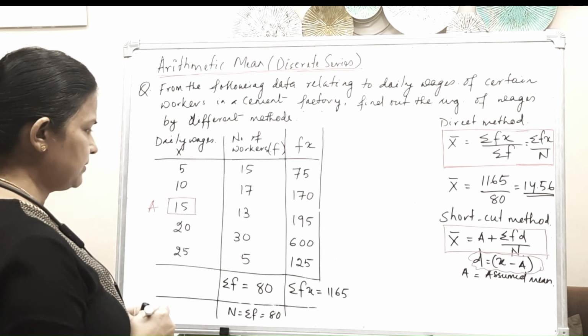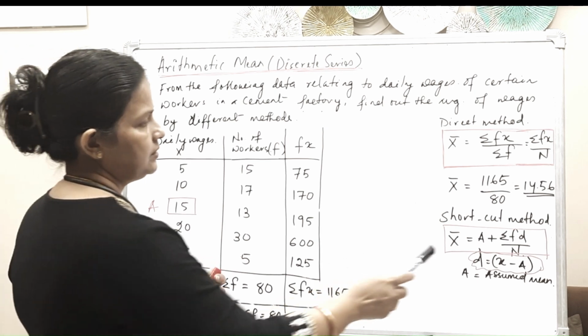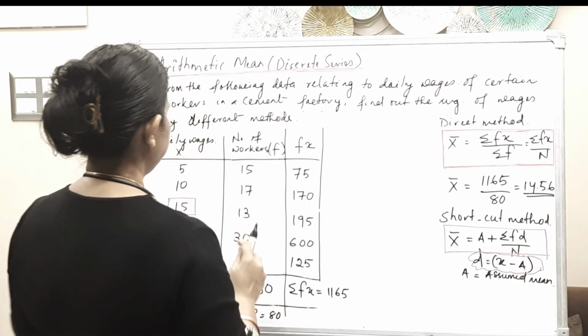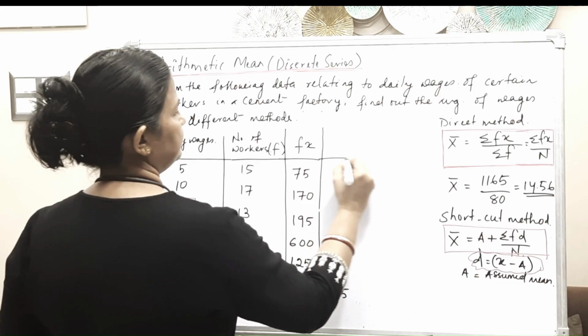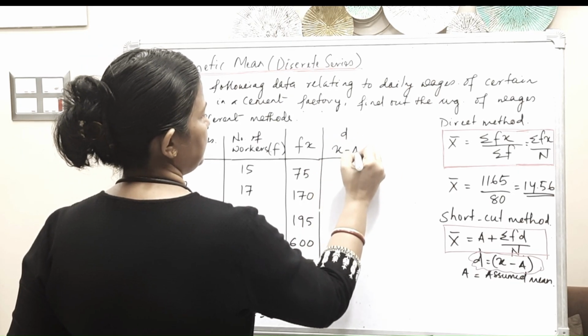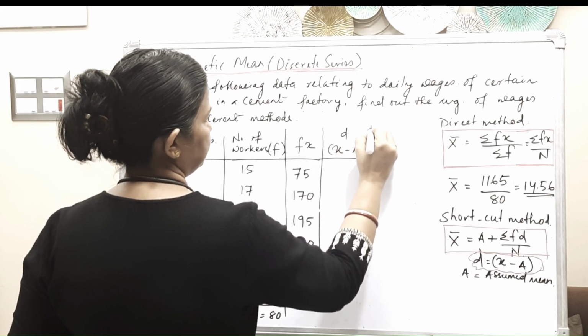So next we will calculate our d. d is nothing but our x minus a. d is deviation, which is equal to x minus a.